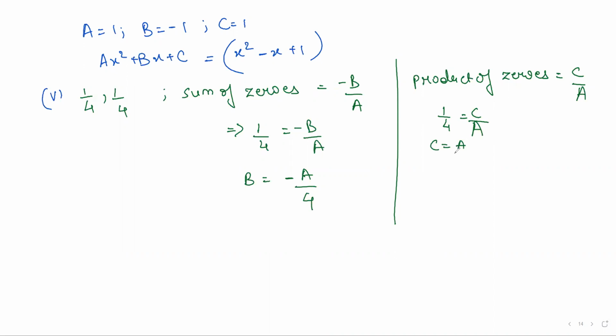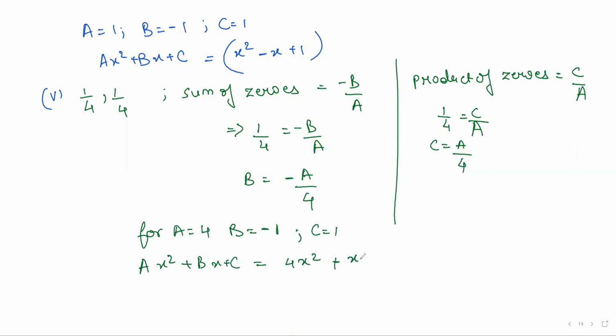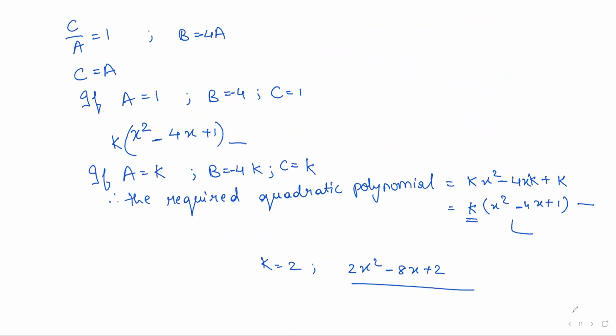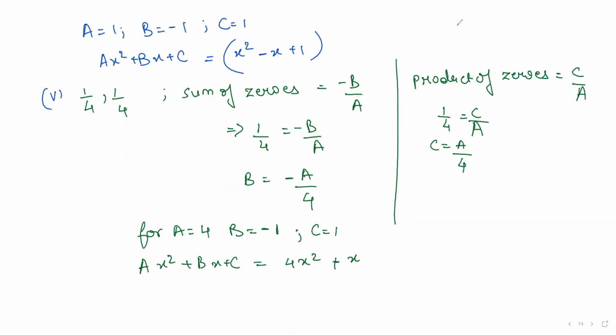C is equals to a upon 4. For a is equals to 4, b is equals to minus 1, c is equals to 1. And the required quadratic polynomial is 4x square minus of minus 1, which is plus x. Ax square is 4x square, b's value is minus 1, so minus x plus 1.